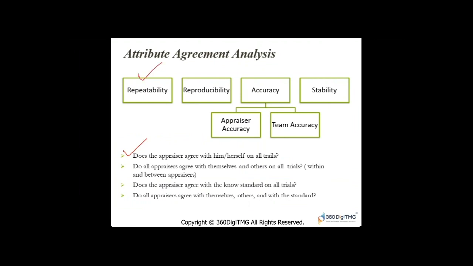Is repeatability. Do all appraisers agree with themselves and others on all trials? Is reproducible. Does the appraiser agree with the known standard on all trials? Is appraiser accuracy. Do all appraisers agree with themselves, others, and with the standard? That is team accuracy. I've looked into all these things.